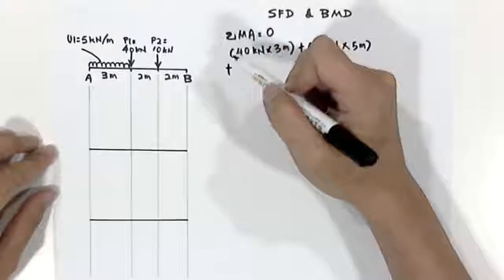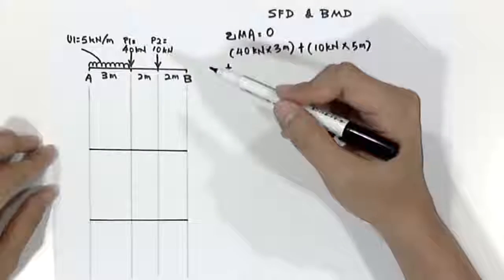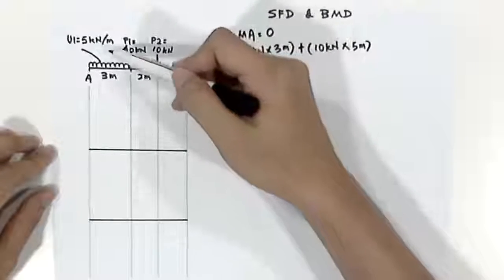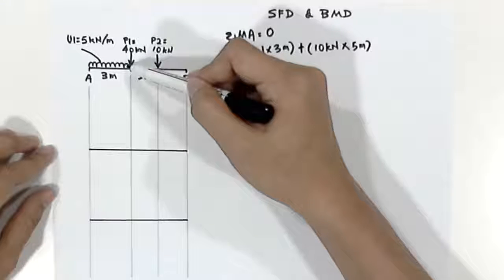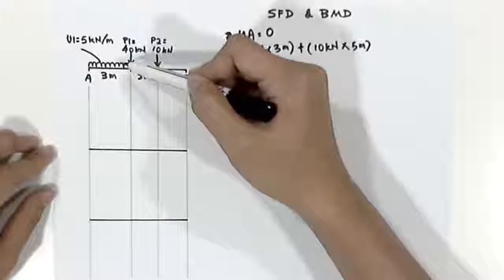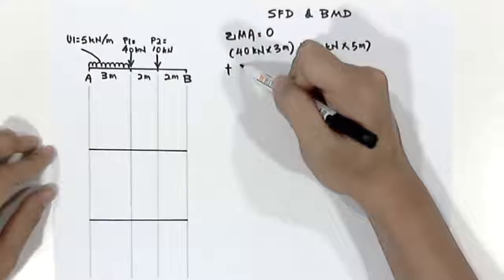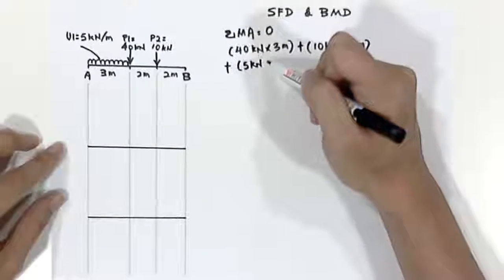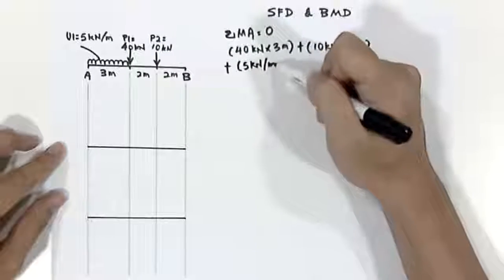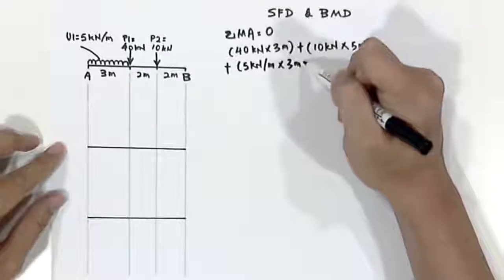Plus, this time we have to convert the uniform load U1 into a point load acting at the middle of the span of that particular uniform load. So how we go about this is 5 kilonewton per meter times 3 meter.